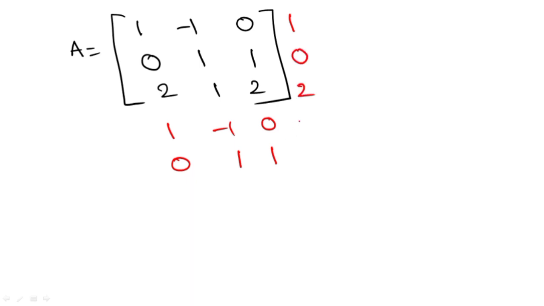This is another method. Repeat the first column and again the second column: minus 1, 1, 1, minus 1. So this is finally what we get. Here I repeat the first row and second row, and here I repeat the first column and second column with new elements also.